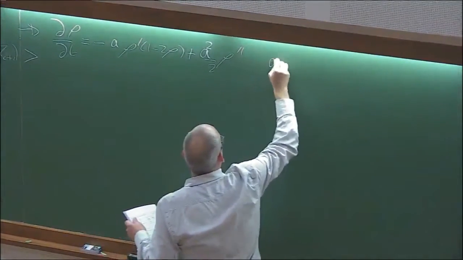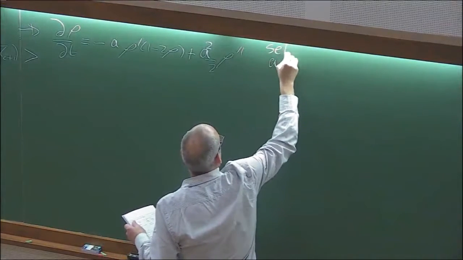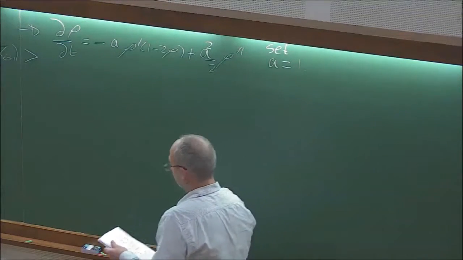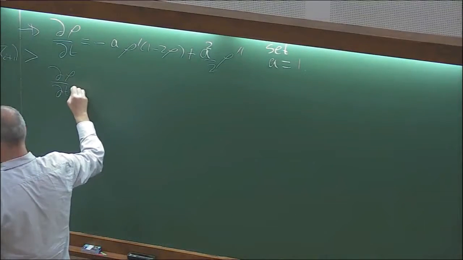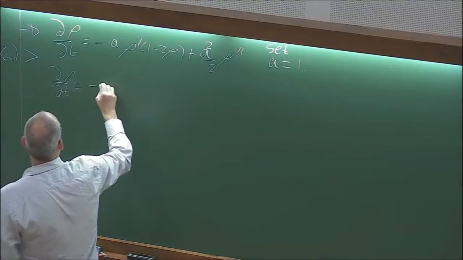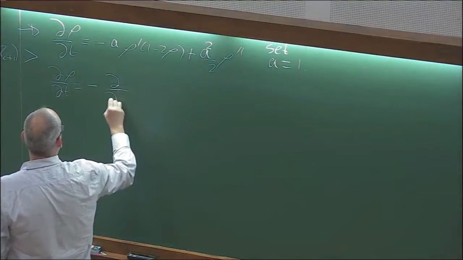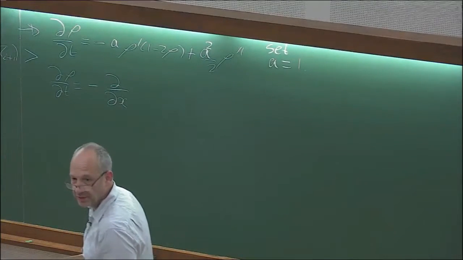And I now set A equals 1. And I can write this now as d rho by dt equals, and let me write it in this form. So I go back to writing it as a continuity equation.